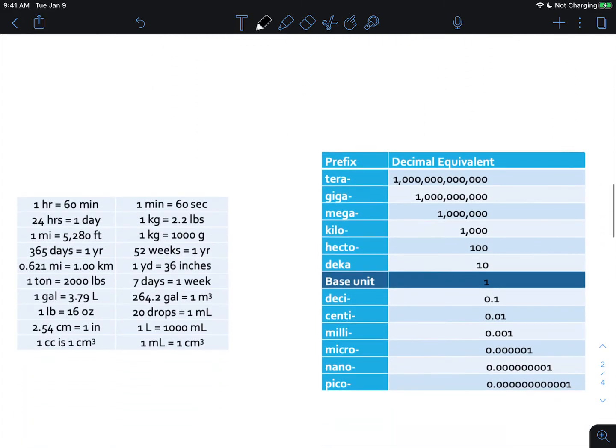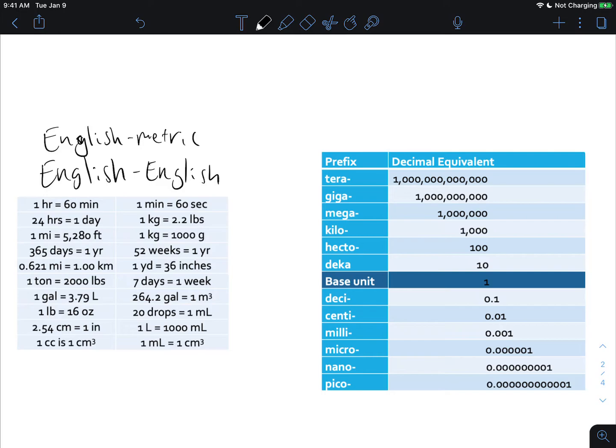These are how we are going to convert between English, English and metric, and then metric. Okay, so these are a listing of several different conversion factors that we can use.